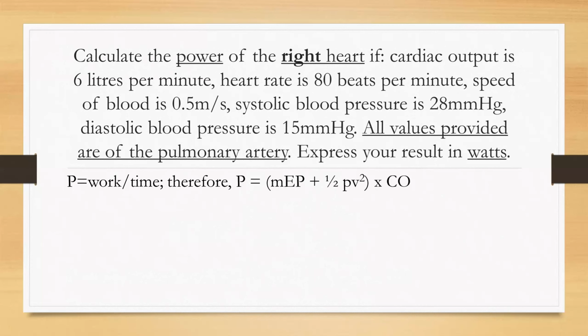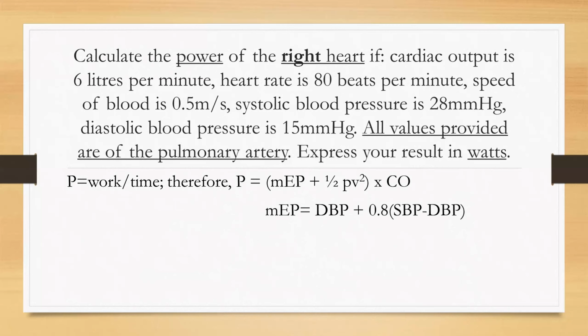So power is work per time, as I said, joule per second. Therefore, P is mean EP plus half PV square into cardiac output. And this is how you calculate the mean pressure, as we did earlier.